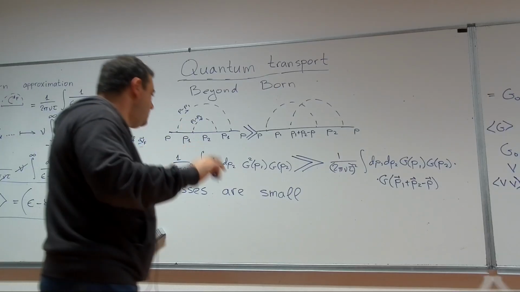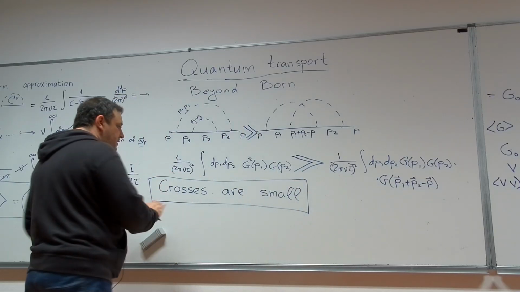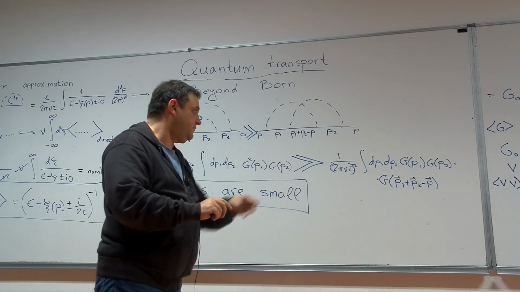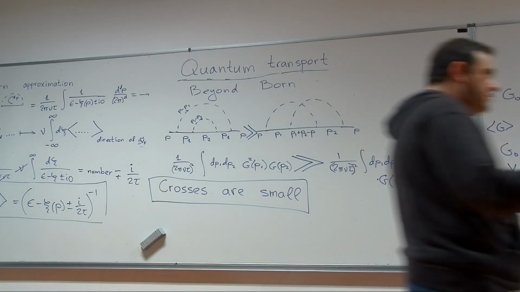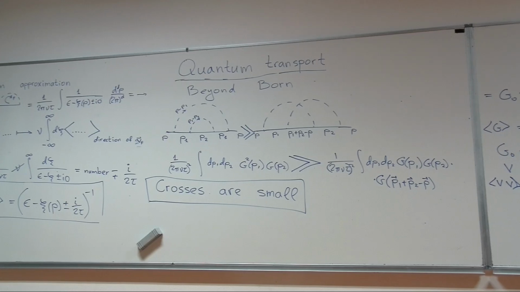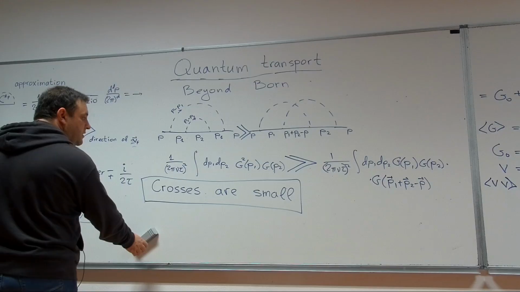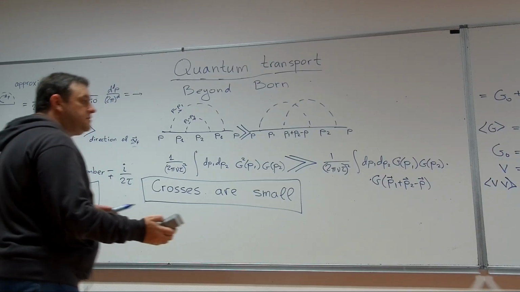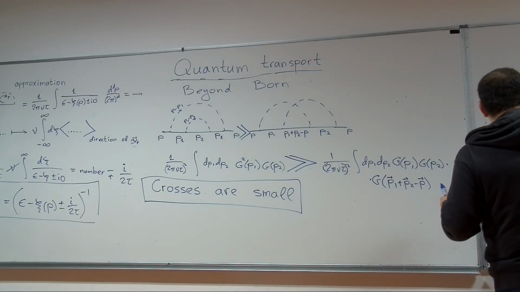Okay, so this general principle that any crossing of dashed lines gives us a small correction means that we can neglect this diagram altogether, and all other diagrams in the self-energy that include crossings of the dashed line. And the result of doing this has a name.